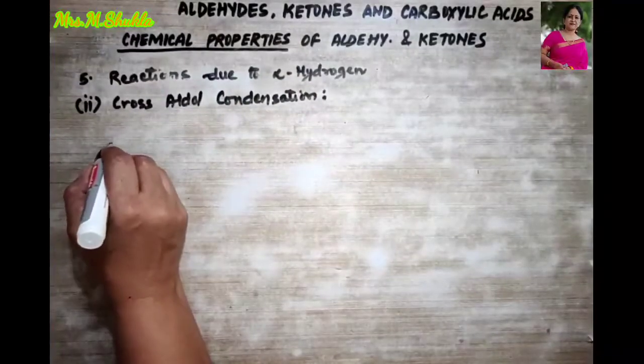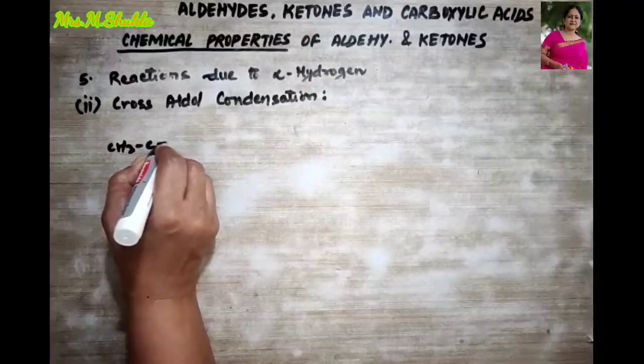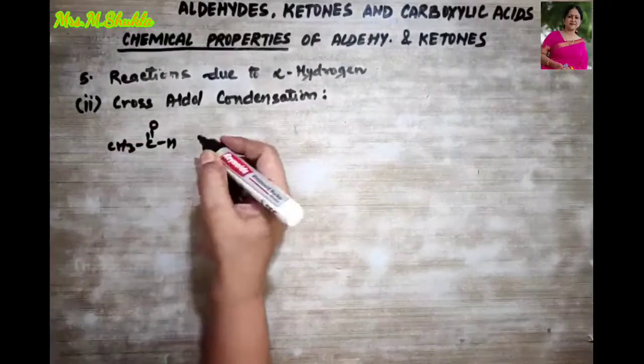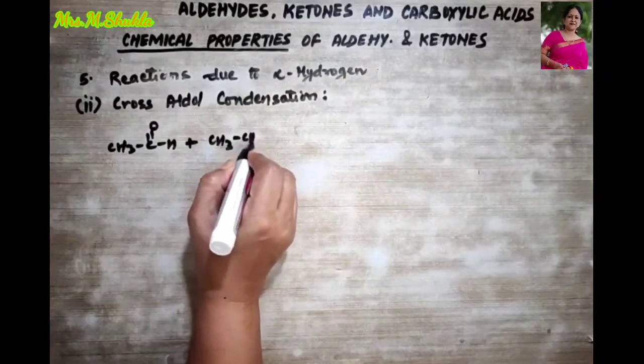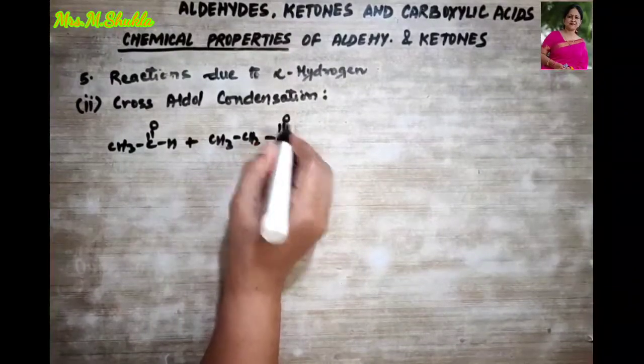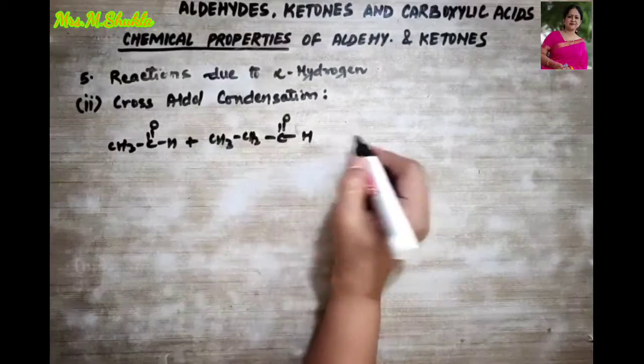So let's see this, like CH3CH double bond O, this is of one kind, plus CH3CH2C double bond OH.